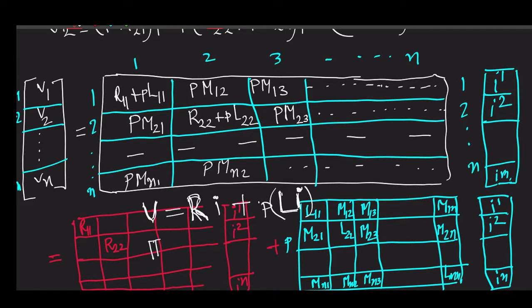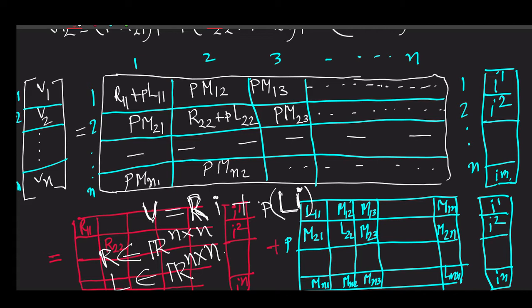This R belongs to R n cross n, and similarly this L, which considers both mutual and self-inductance, also belongs to n cross n.